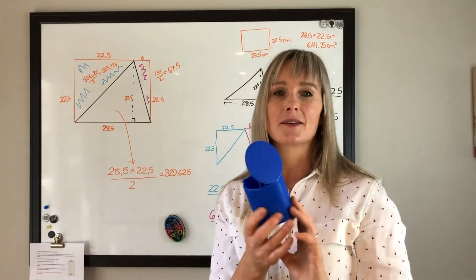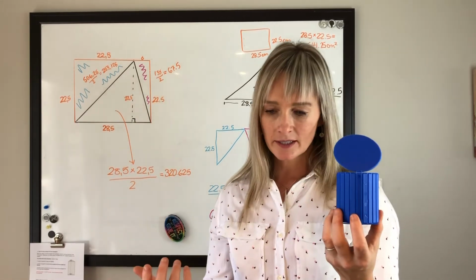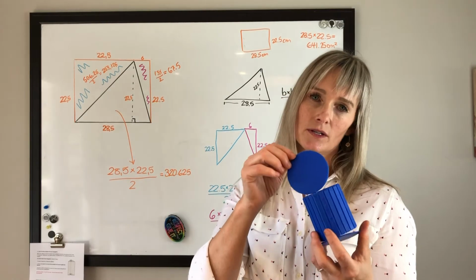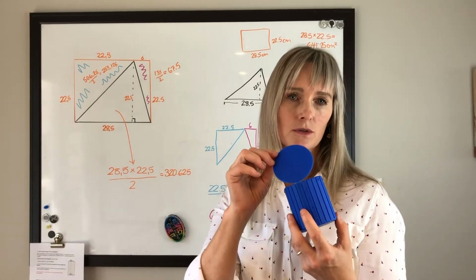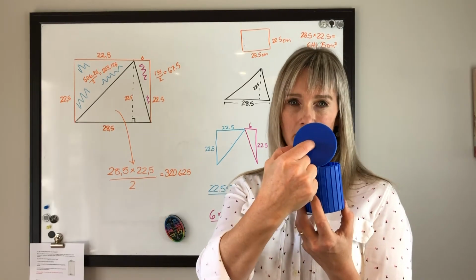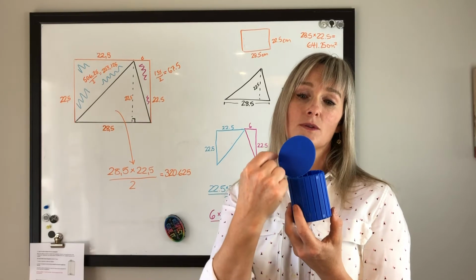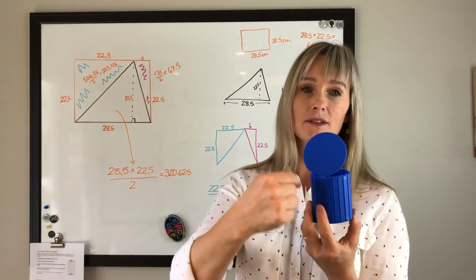And then we use that really wonderful pi, 3.14. When you're calculating, you can use the pi button on your calculator, or you can just use 3.14. You're going to square the radius and then multiply it by 3.14, which gives you the ratio of how much bigger the circumference will be.